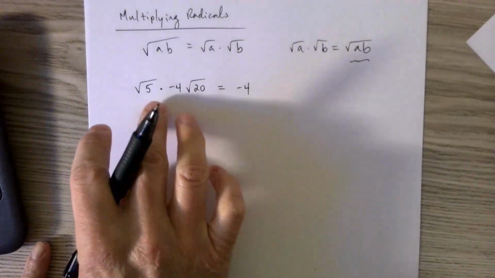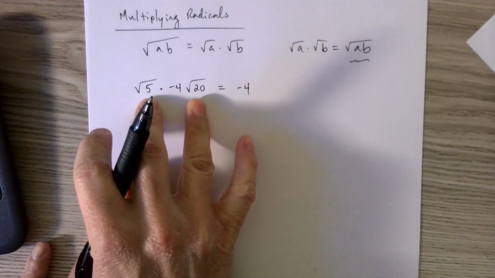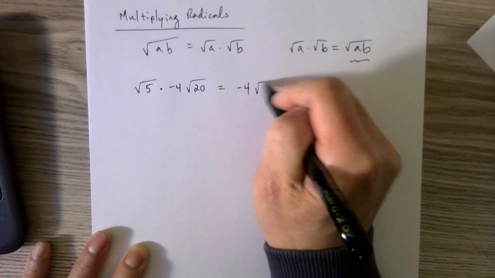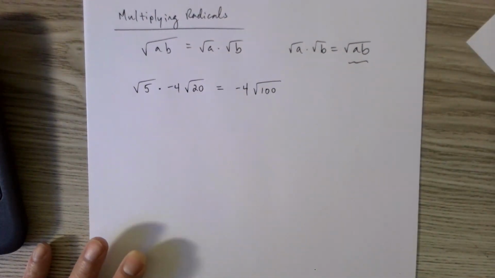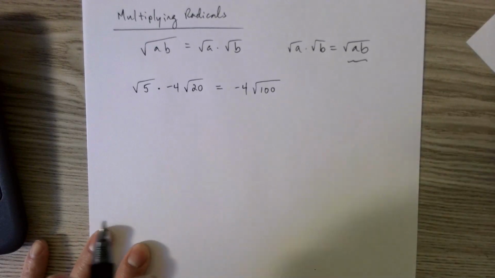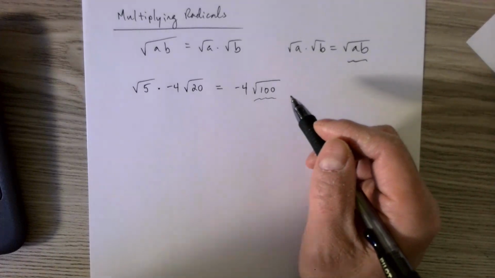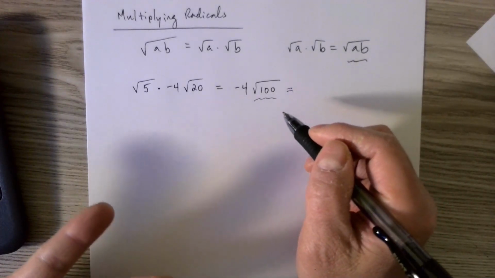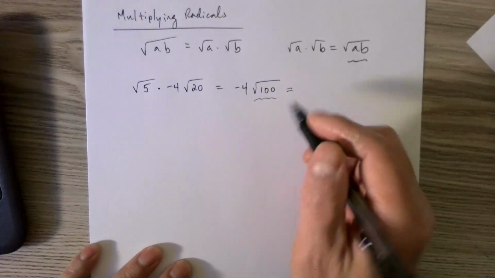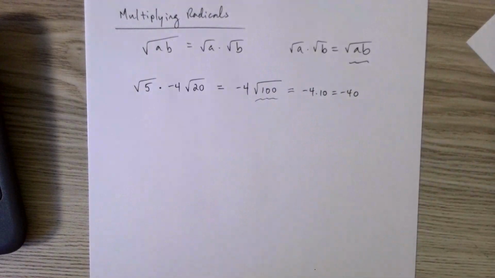And then the two different rads have 5 and 20, so I am allowed to multiply the 5 and the 20 and put it all under one rad. And then now I simplify this rad if it's possible to be simplified. And in this case, yes, of course it can be simplified, because square root of 100 is 10. So negative 40.